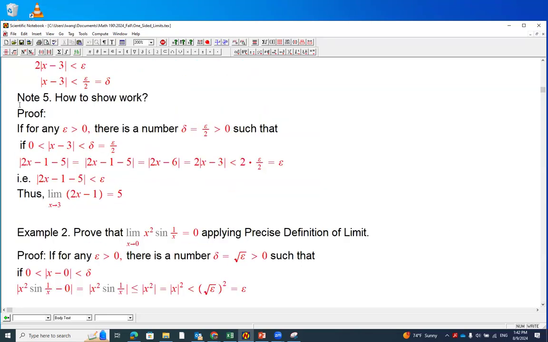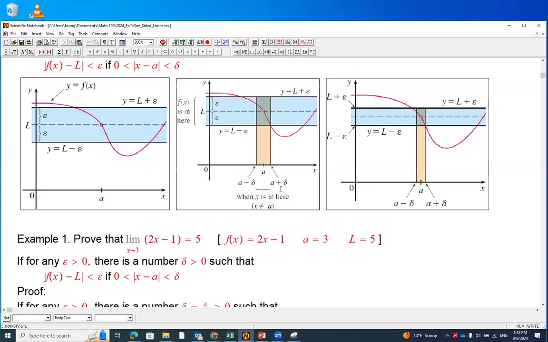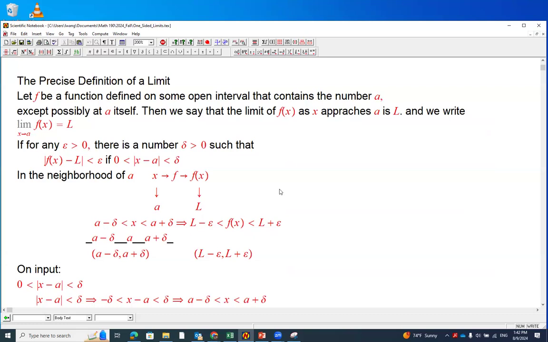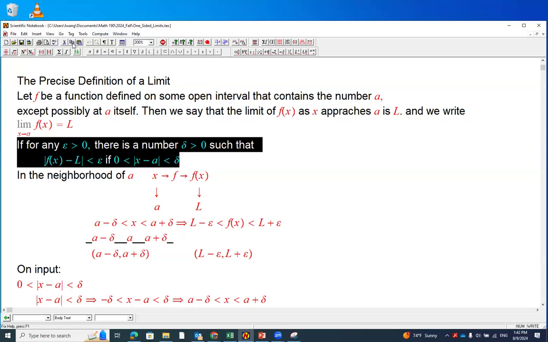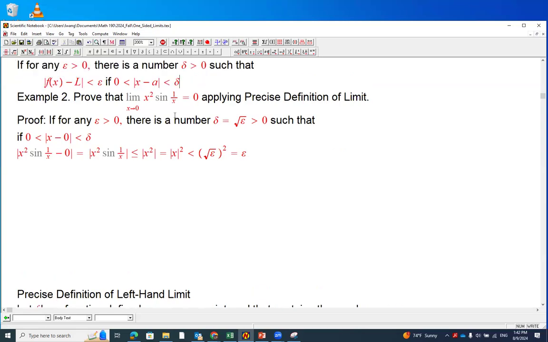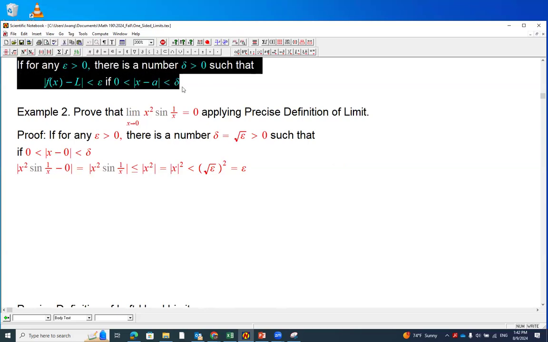To show work, we're going to follow the definition. You use this structure as your guideline. I'm going to put it right here. You can see how I follow that. Really, you just need to show this part.